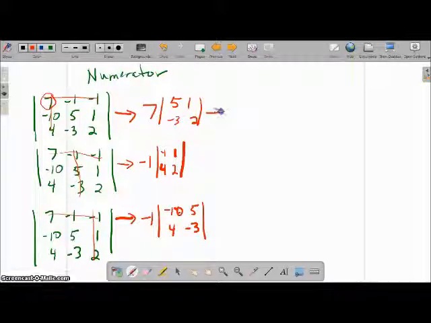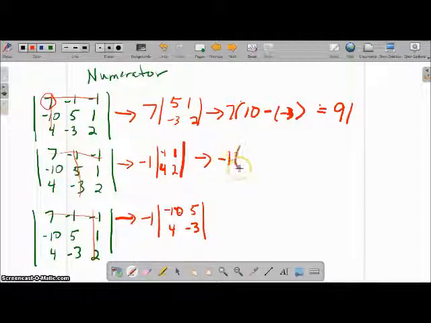So if you were to multiply this out, it's going to be 7 times 10 minus a -3. So that ends up being, when you multiply that out, a 91.